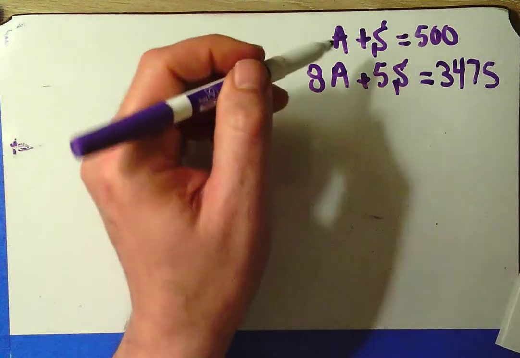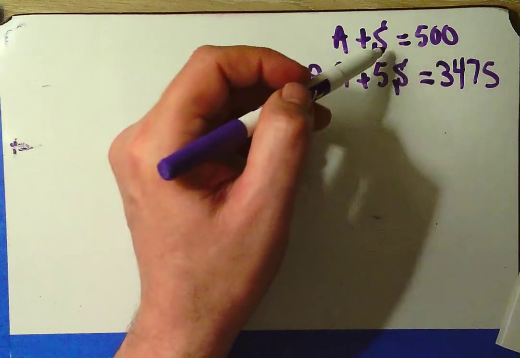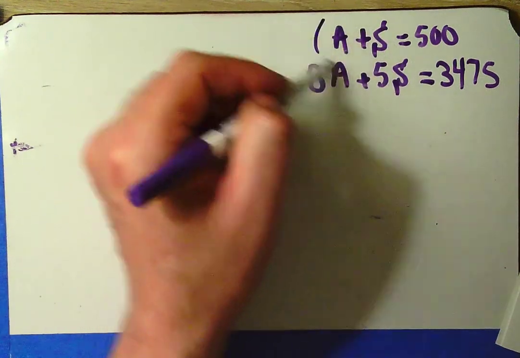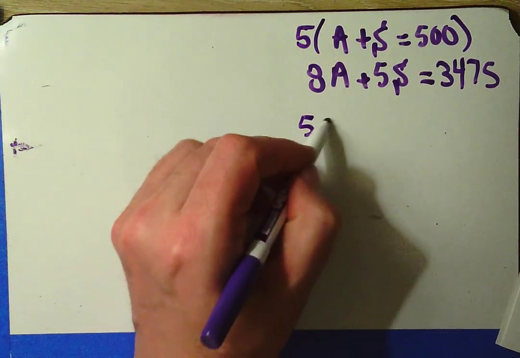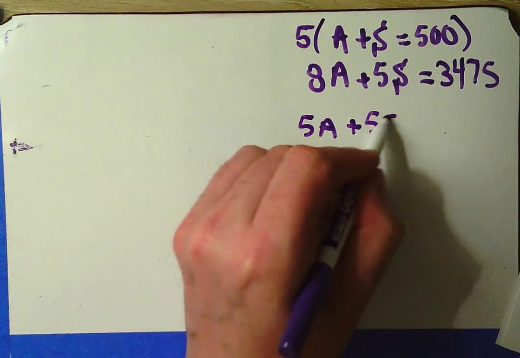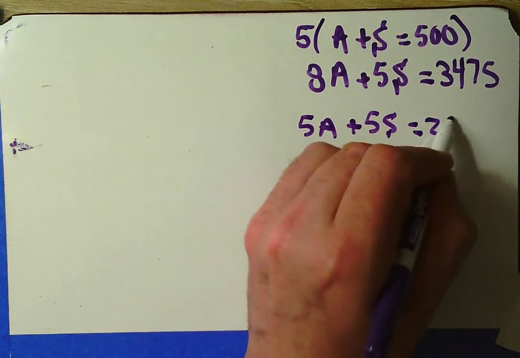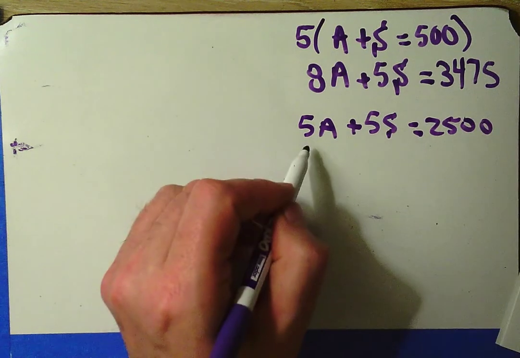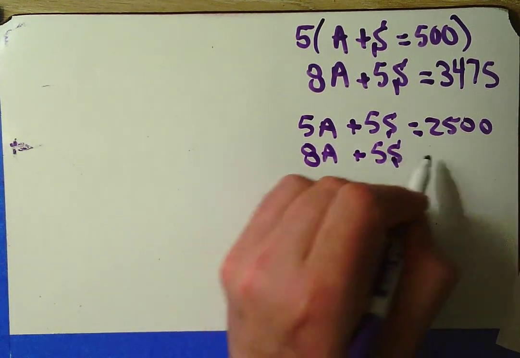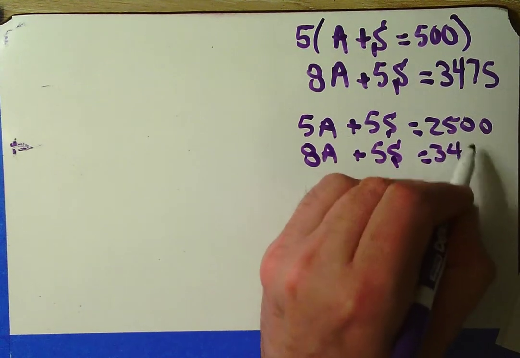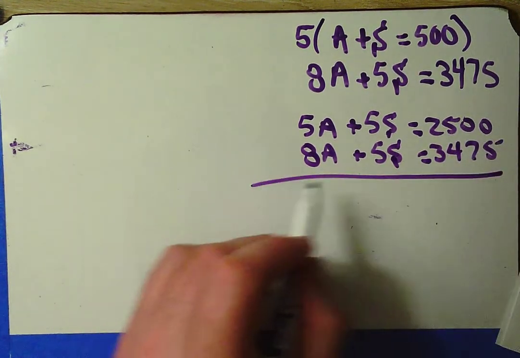I'm looking for the number of adult tickets, so I think I want to get rid of student. So I'm going to multiply the top line by 5. I'll have 5a plus 5s equals 2,500, and 8a plus 5s equals 3,475.